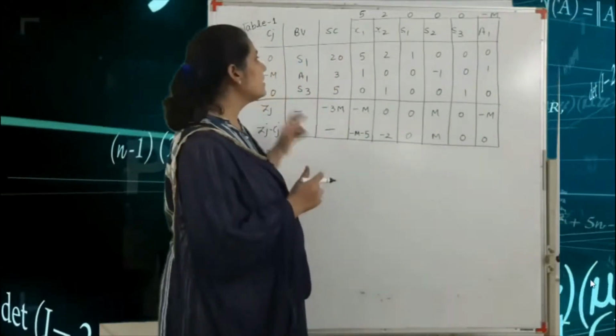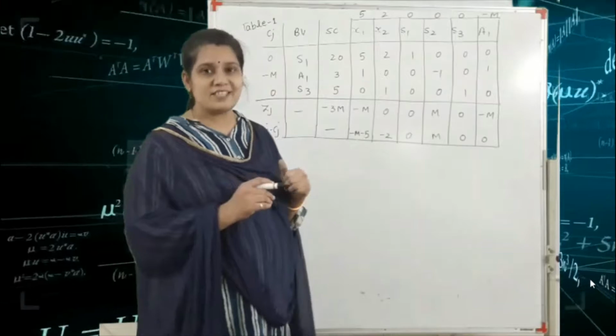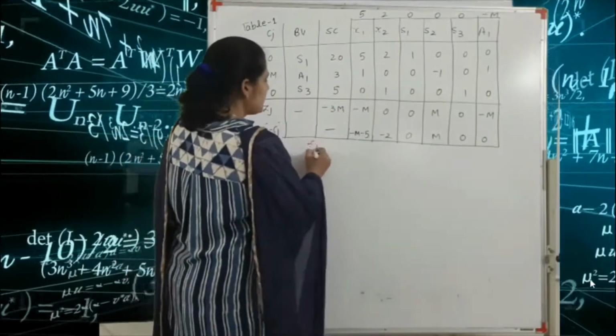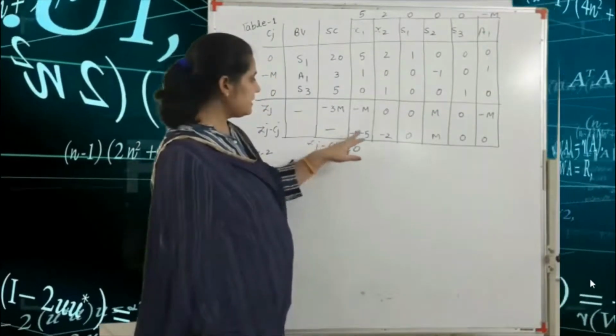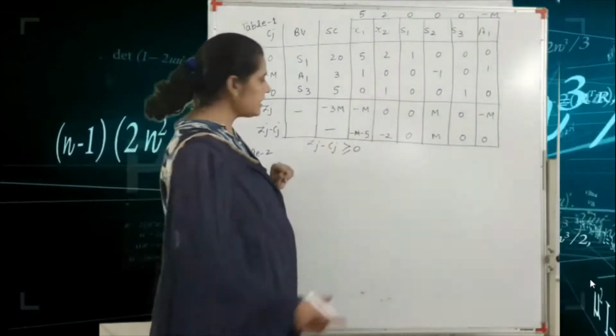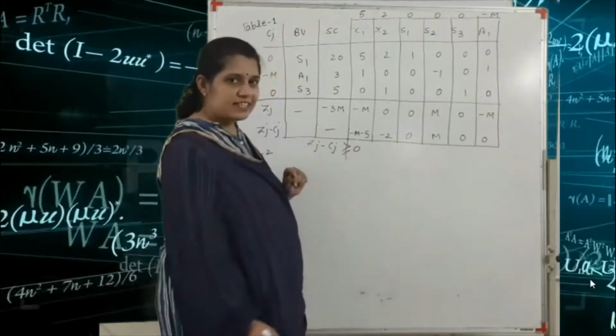But here our question is given in the maximization format. So Zj minus Cj should always be greater than or equal to 0. But here two values are negative, so this condition is not satisfied.